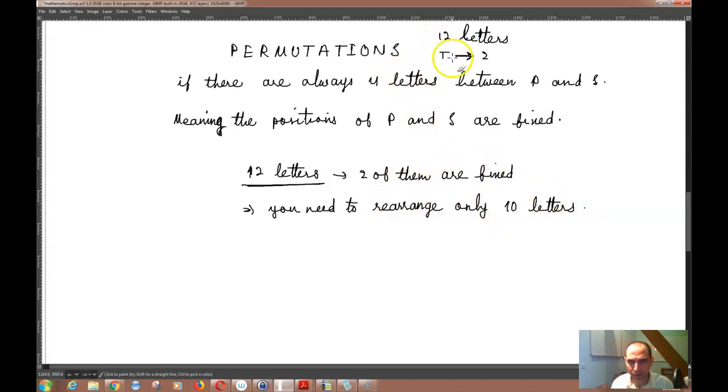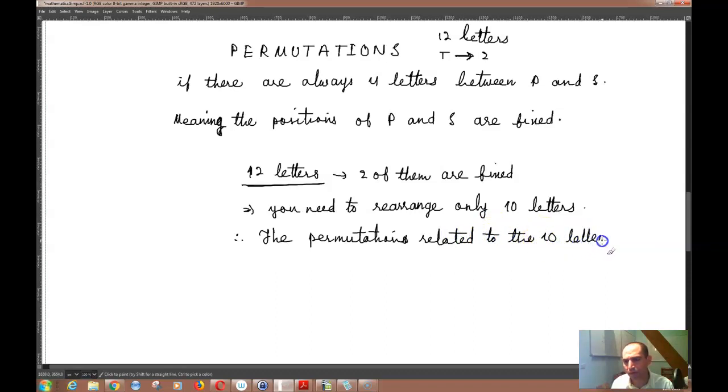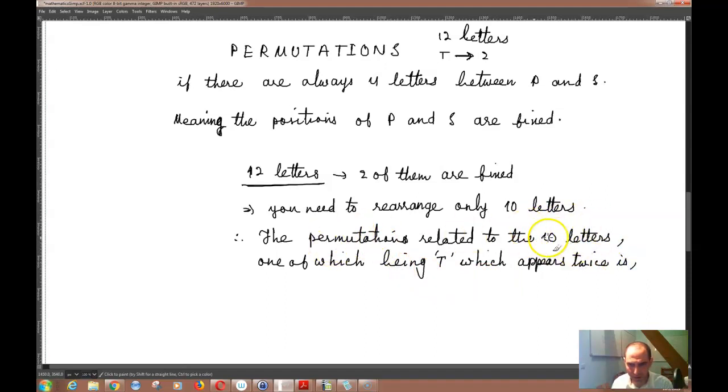Now these 10 letters, one of which being T, which appears twice, so that basically means the permutations related to the 10 letters is simply, you want to calculate the permutations of 10 letters, which is equal to 10 factorial, and since T appears twice, you have to divide that by 2 factorial, right?